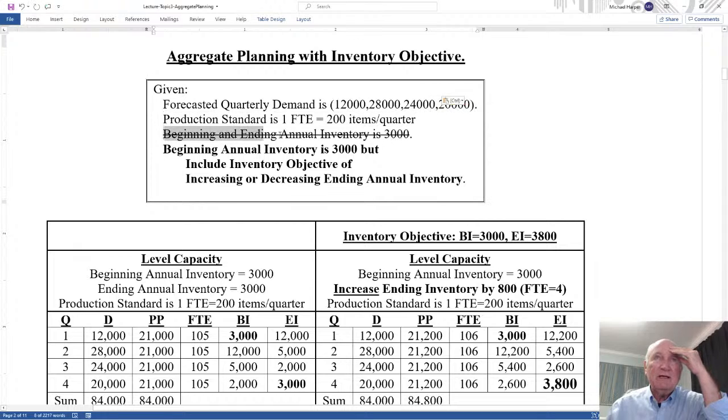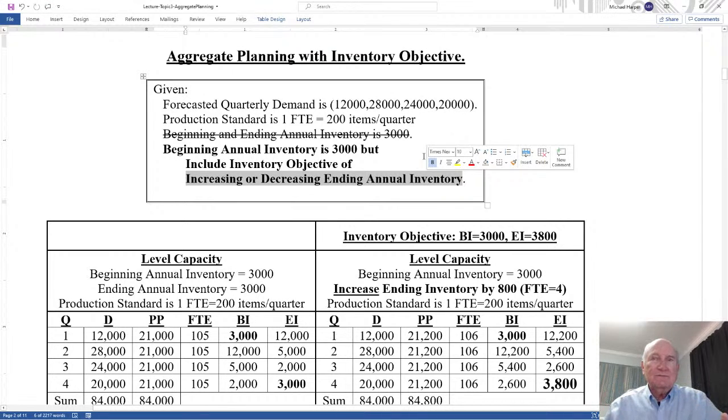But instead of a beginning and ending annual inventory of 3,000, I'm going to eliminate that. And I want an inventory objective. Well, the beginning annual inventory is 3,000, but I want to include an inventory objective of increasing or decreasing the ending annual inventory by a certain amount.